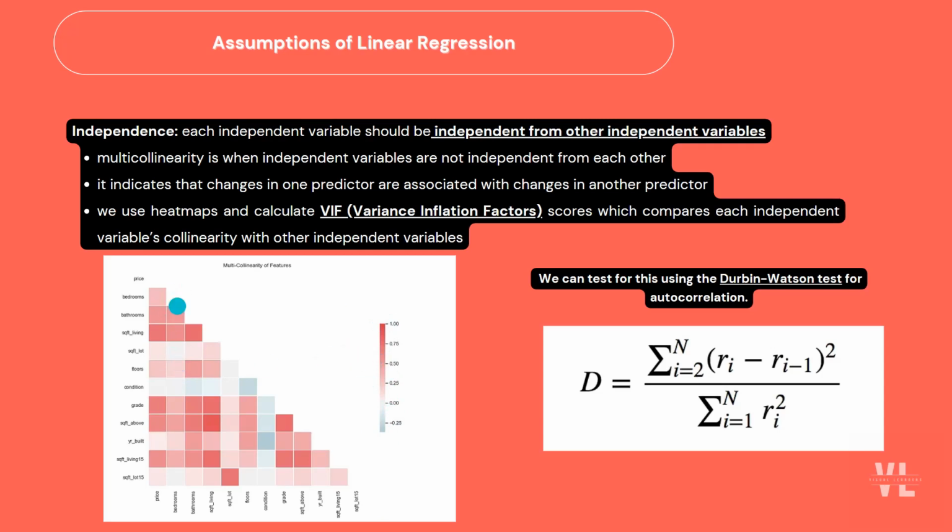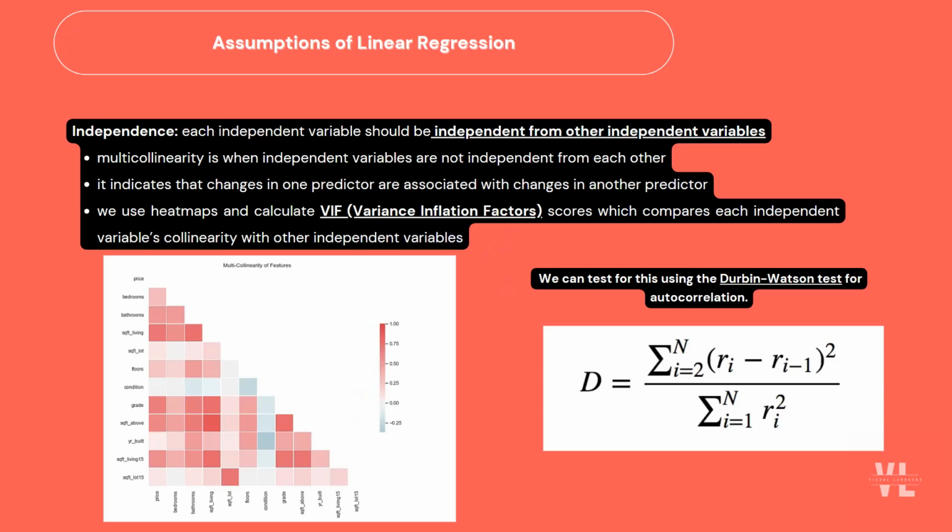The more related these independent variables are with one another, the more the heat map will give us a red output, and if they have less similarity or dependency, we get darker or lighter colors that we can read from the legend.